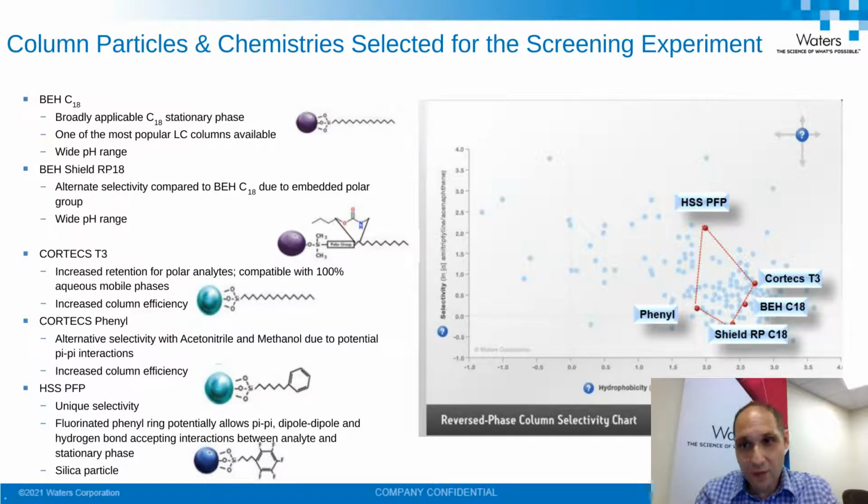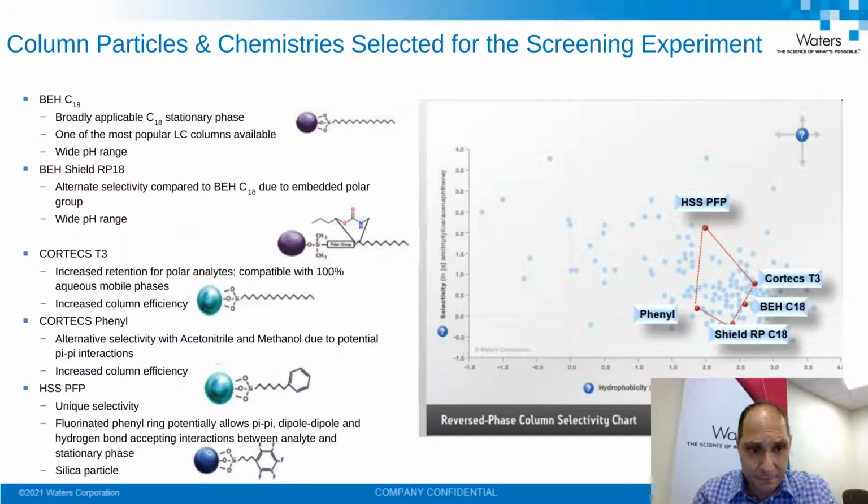The first column was a BEH C18, which is one of the most popular LC columns, and it has a wide pH range. The second column was a Shield RP18. It offers alternative selectivity to C18 as it contains embedded polar groups that can change retentivity.